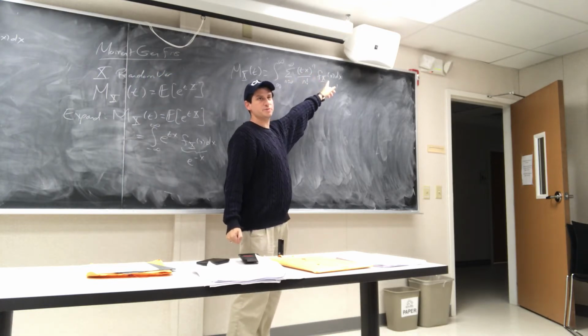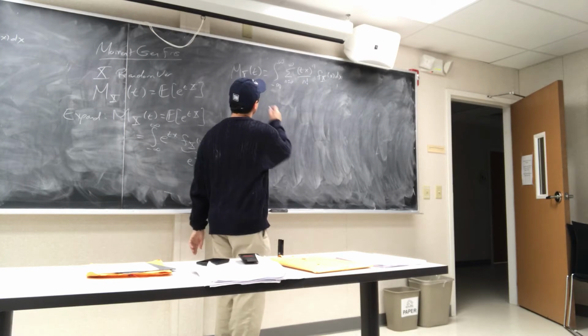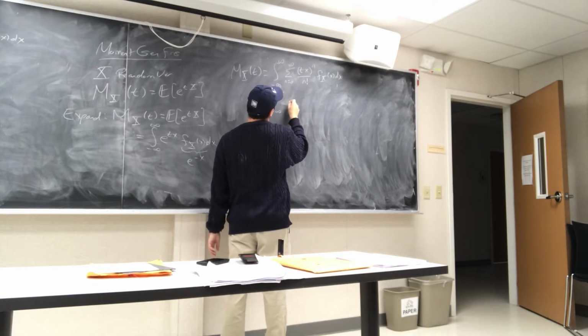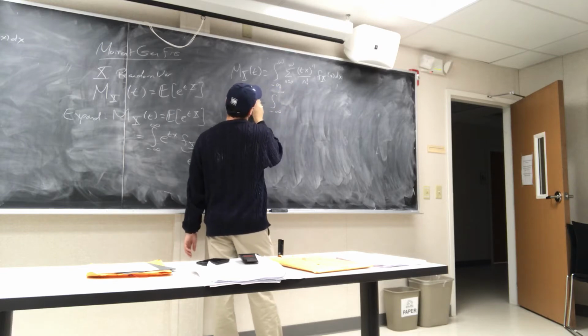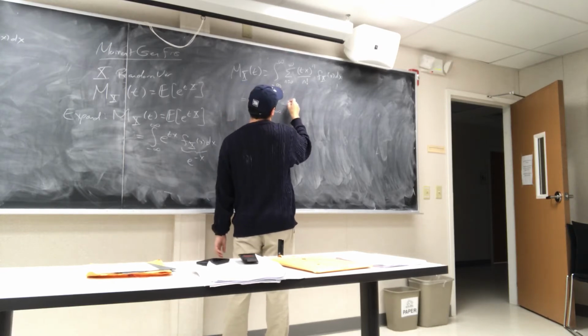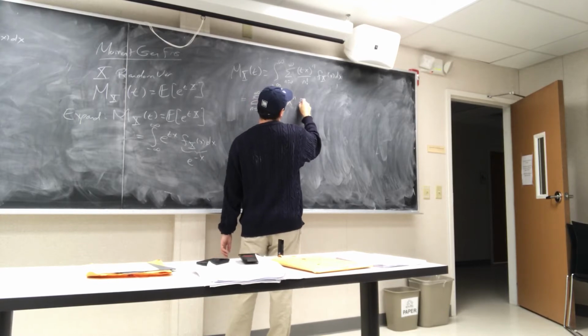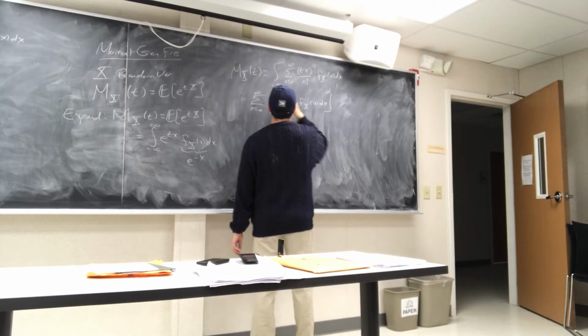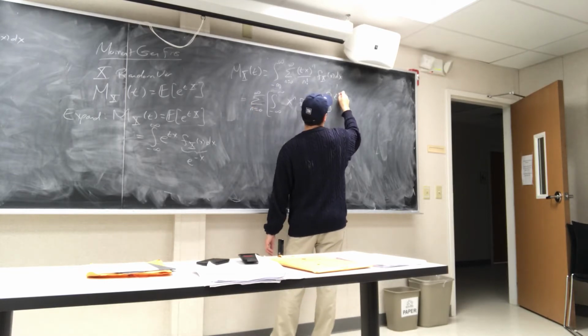The integration is with respect to x, so I can pull out the t. So this will be the integral from minus infinity to infinity, sum n goes from 0 to infinity of x^n f_X(x) dx, times t^n over n factorial.